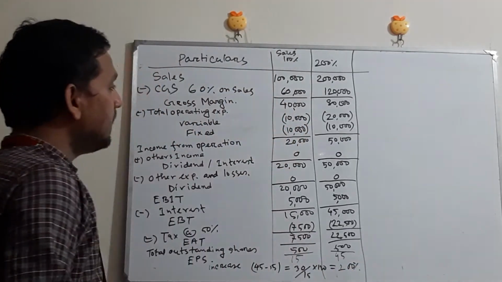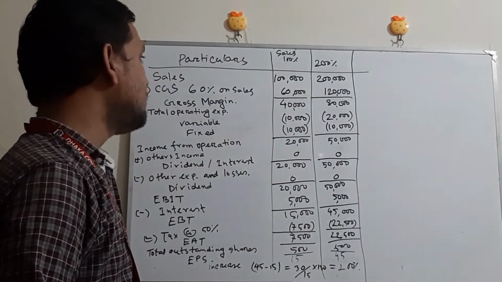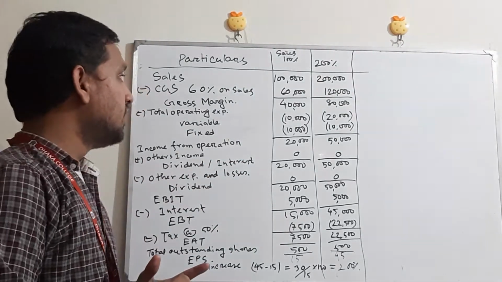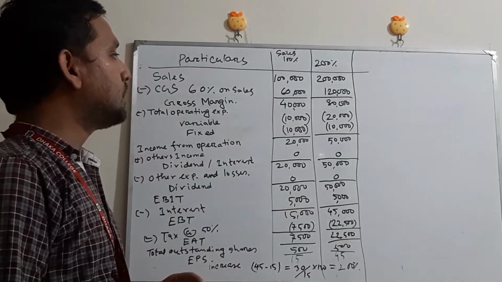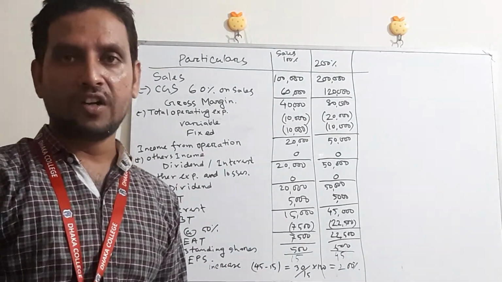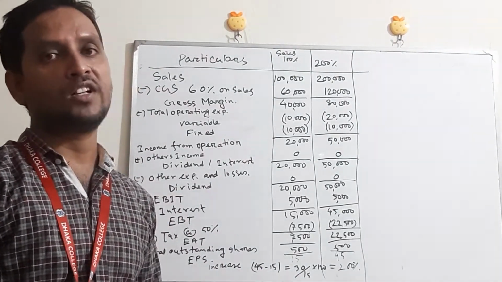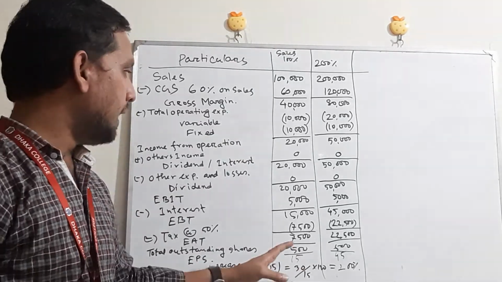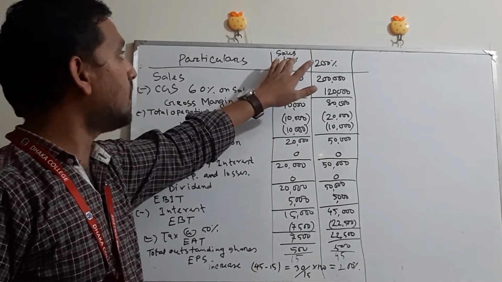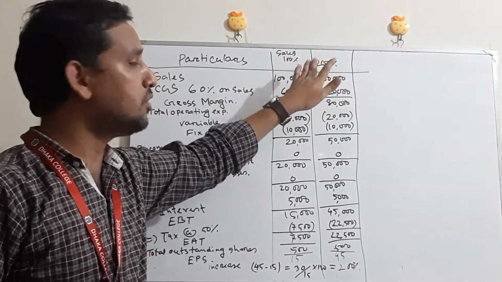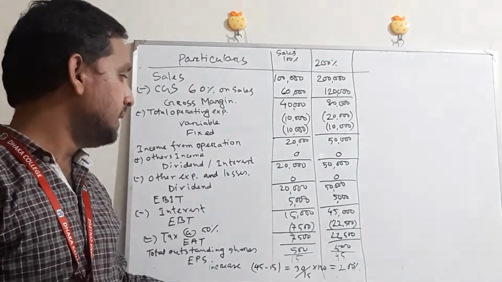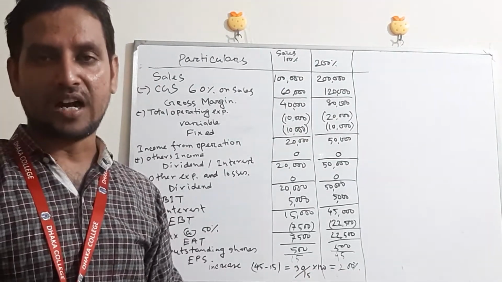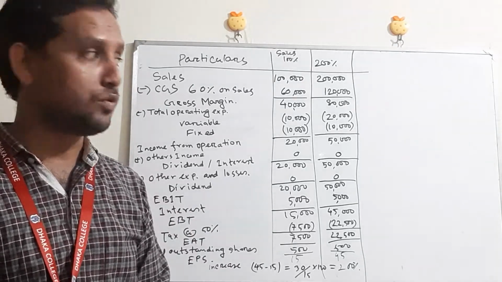So in the above question we see that if there are two leverages, operating leverage and financial leverage, and leverage is favorable, and sales become double, 100% to 200%, then EPS, earning per share, increases by 200%.